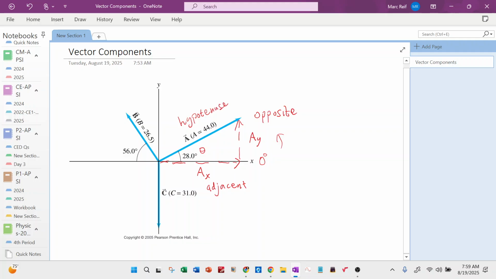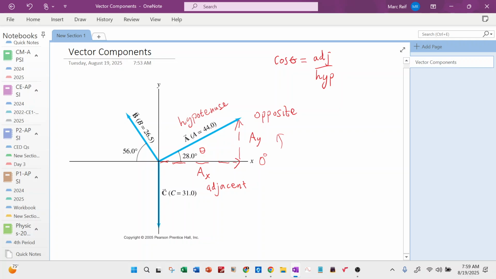If I'm going to calculate these scalar components, then I'm going to use trigonometry. So remember that cosine of theta is always equal to the adjacent over the hypotenuse. And I know that 28 degrees is theta and 44 units is the hypotenuse.